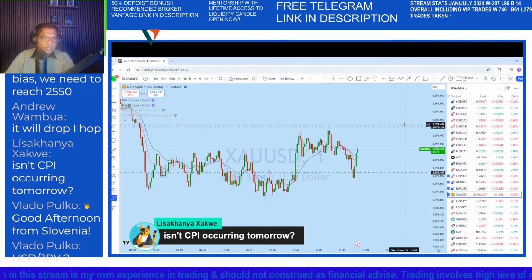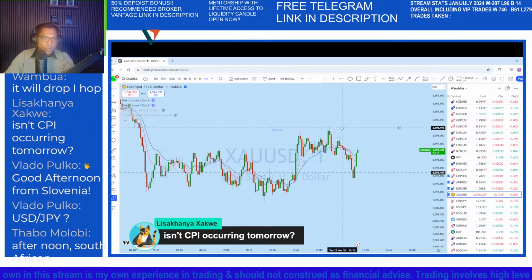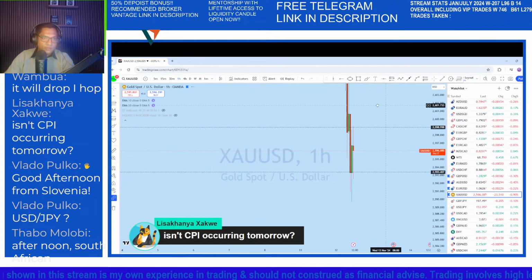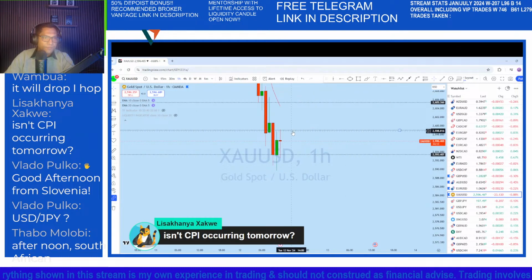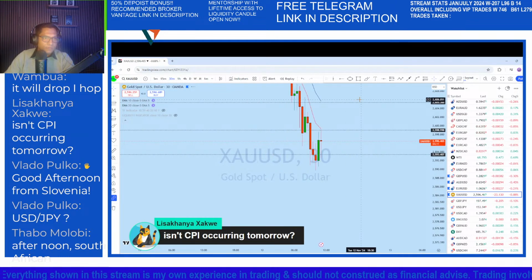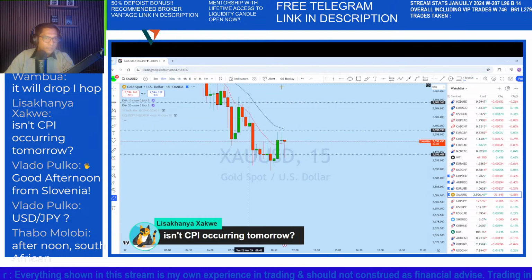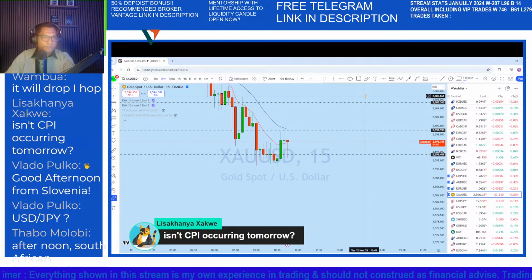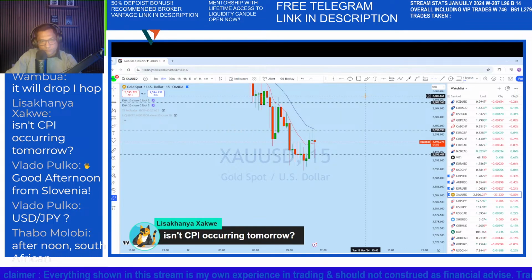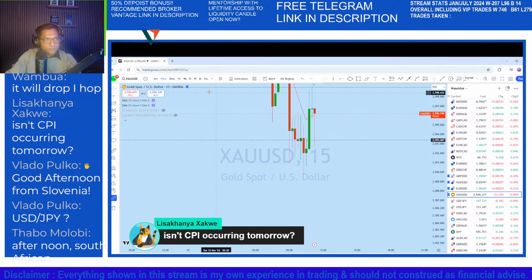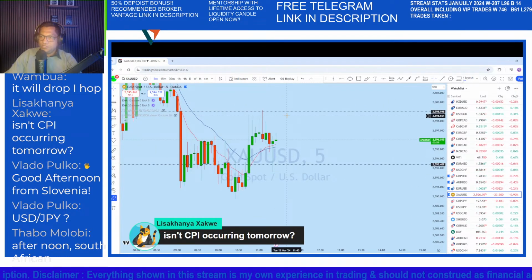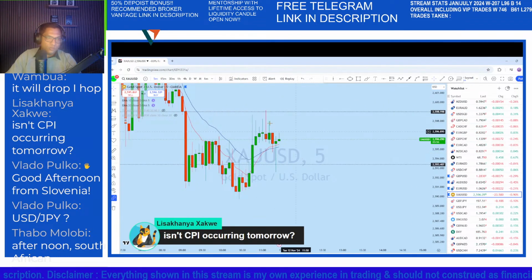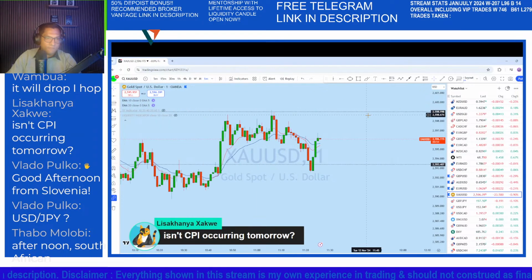It's getting rejection here. So this is the previous swing high, and with that previous swing high, well, this has a rejection here with this doji. This is the key.